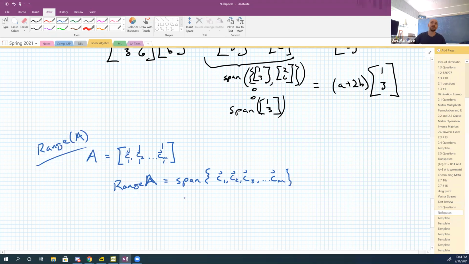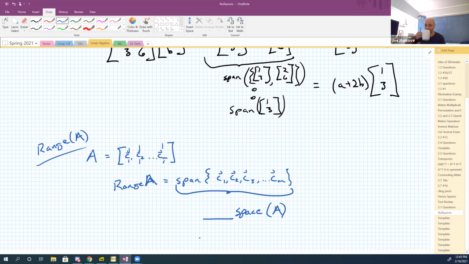This thing is such a special subspace that it gets a name. So the range of A is automatically going to have a name. It's going to end in space, and it's going to have an "of A." And then I need you to fill in this blank here. So if the null space is all the things that go to 0, what space is made out of all the columns?